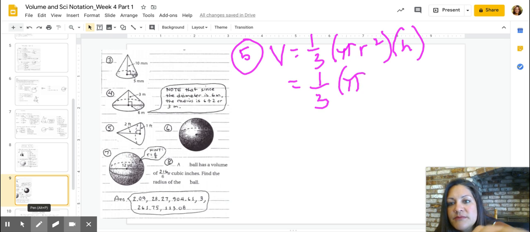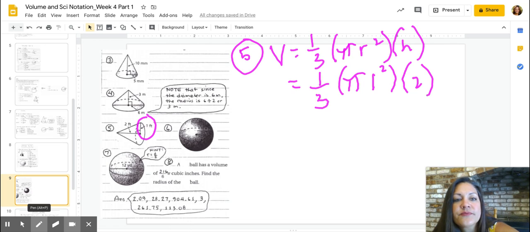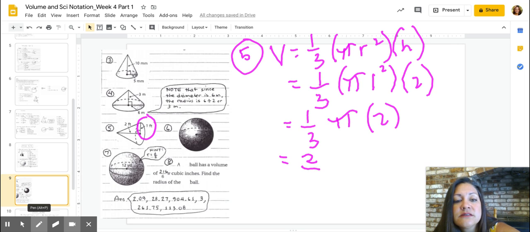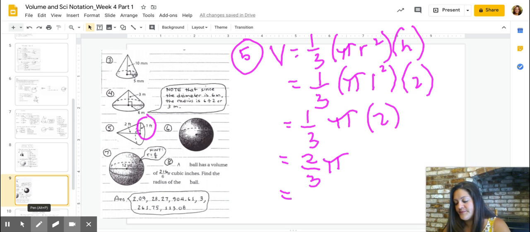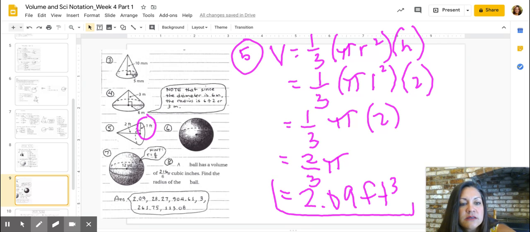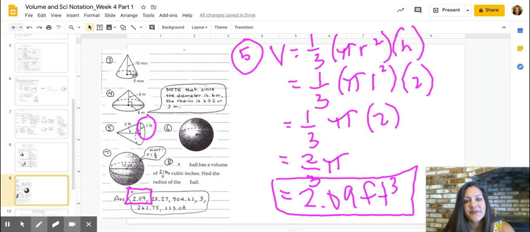Pi times, I'm on number 5, 1 squared times a height of 2. 1/3, 1 times 1 is 1, times pi, times 2, so now we have 2/3 pi, which equals, all I did was 2 divided by 3 times 3.141 equals 2.094, which to the nearest hundredth place would be 2.09, and my label is feet cubed. And there it is. All right, that's number 5.